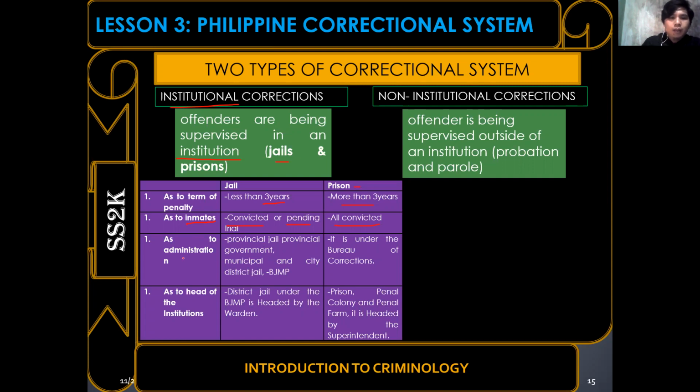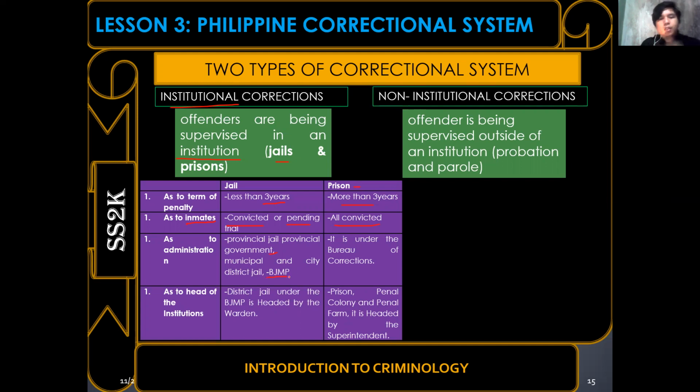Yan. As to administration naman, who administers, okay, sino yung nag-a-administer. Okay, so yung jail is under provincial jail or provincial government, yung mga provincial jail. Samantala, yung municipal and city or district jail is under ng Bureau of Jail Management and Penology.